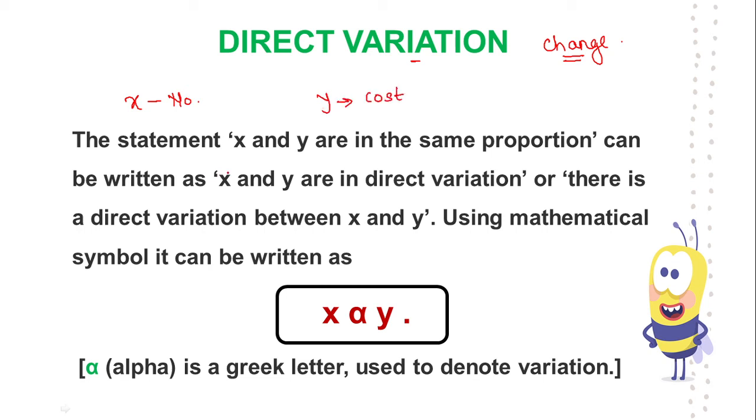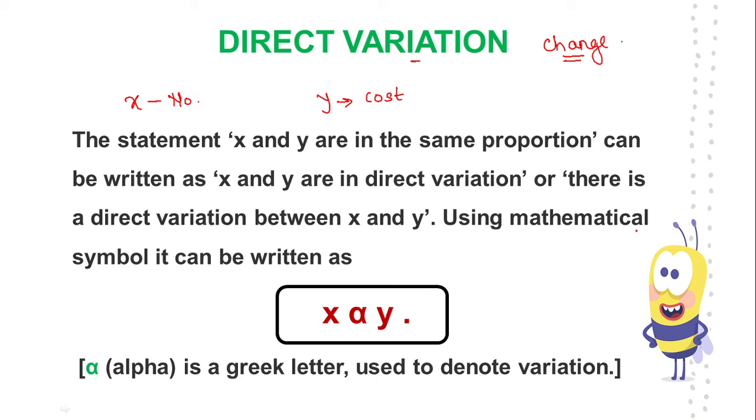So how can we write it? Number of donuts and cost are in the same proportion, or you can write they are in direct variation, they are changing directly. Or you can write it as there is a direct variation between x and y, or you can say there is a direct variation between the number of donuts and the cost of donuts.